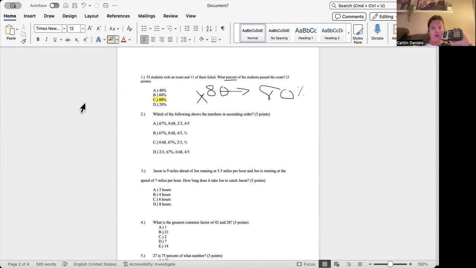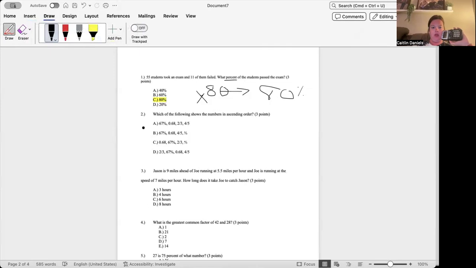Okay, so number 2, let me go back to my drawing pen. There we go. Which of the following shows the numbers in ascending order? So ascending is from smallest to largest. So A is 67%. And then the next number is 0.68, which is going to convert to 68%.